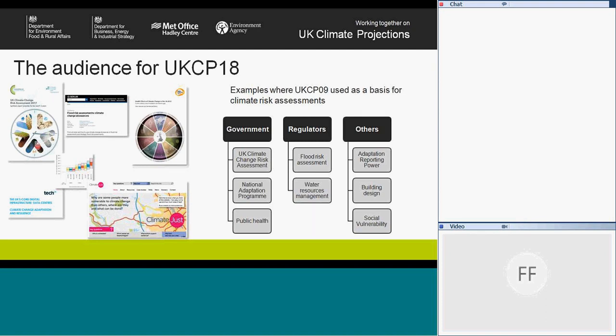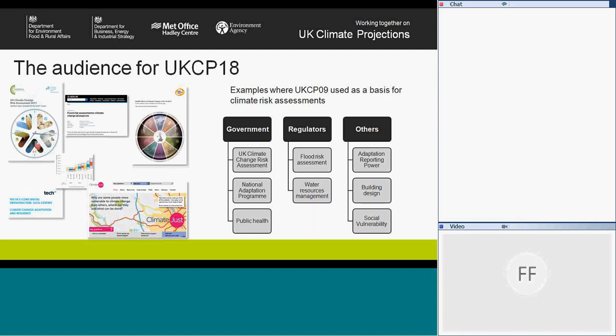I picked out those two on flood risk assessment and water resources management because the previous UKCP09 projections were integral in the advice to water companies, who provide water supply and wastewater management, and to planners, who need the guidelines for local planning to understand their flood risk in the future.